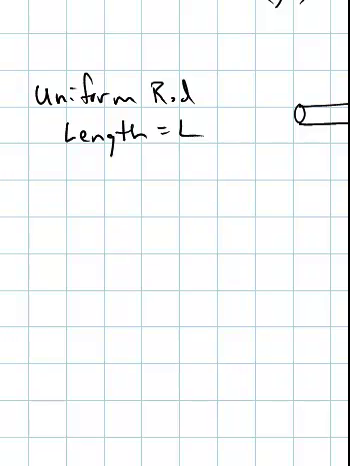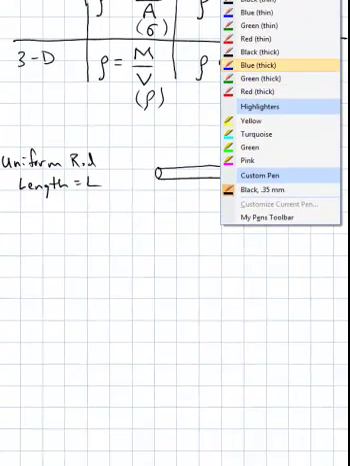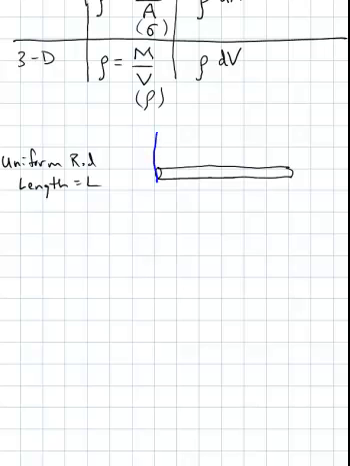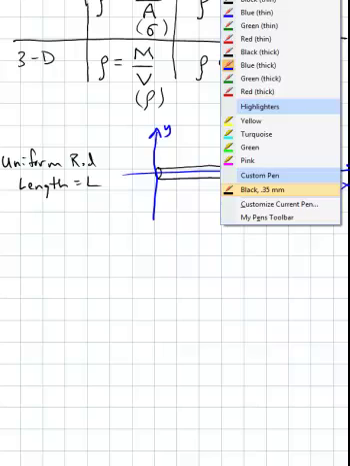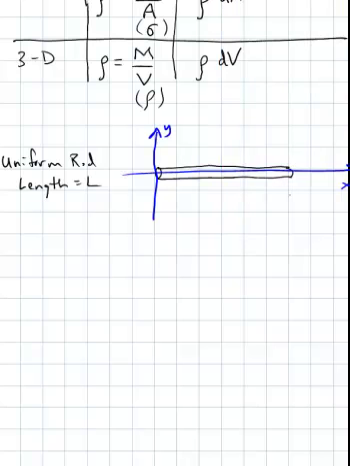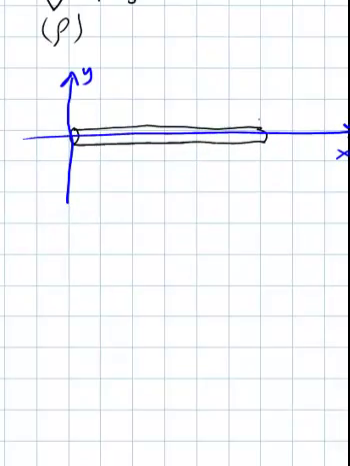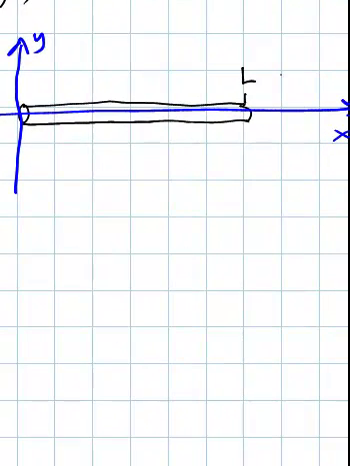So I'm going to choose my coordinate system to be right here. I'll put my y-axis here. And if the rod starts at x equals 0, then the end of the rod over here is going to be x equals L because it's total length L.